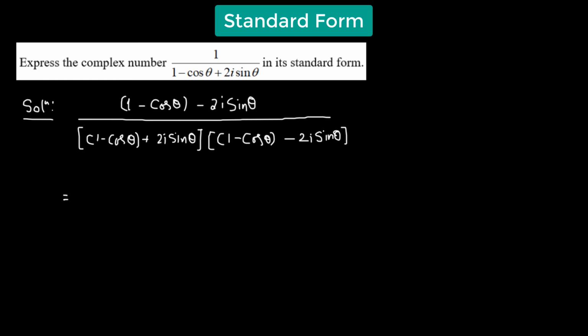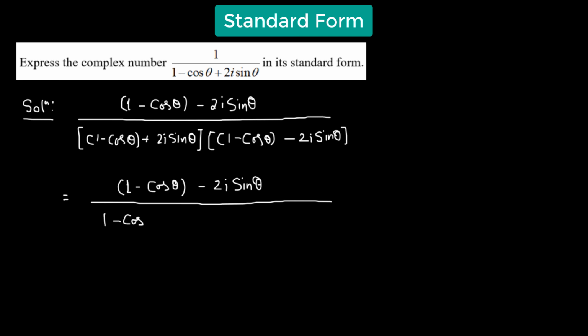and that will be equal to 1 minus cosine of theta minus 2i sin theta divided by 1 minus cosine of theta whole squared minus 2i sin theta whole squared.